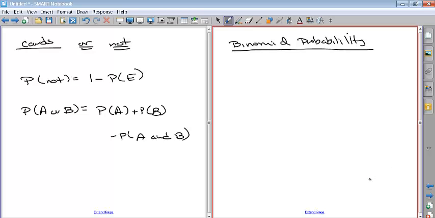And it doesn't have to be a 50-50 thing. Well, you did use binomial probability for flipping a coin. If you look back at the test for chapter 11, we did a coin and we did a basketball.